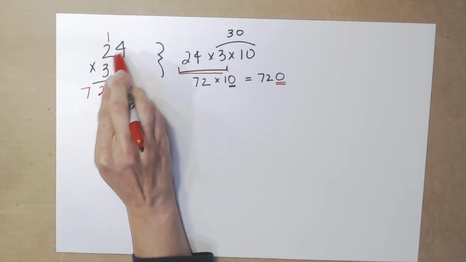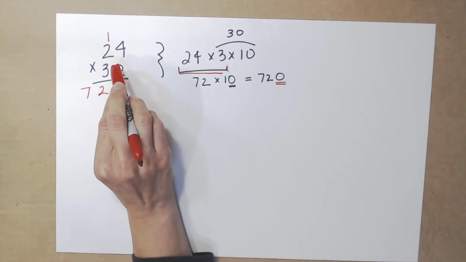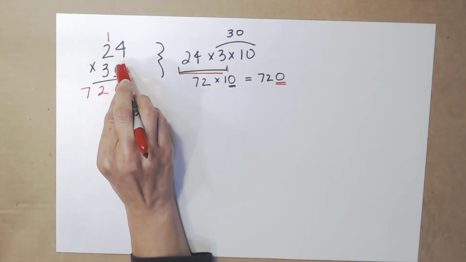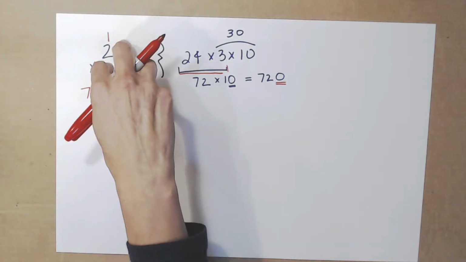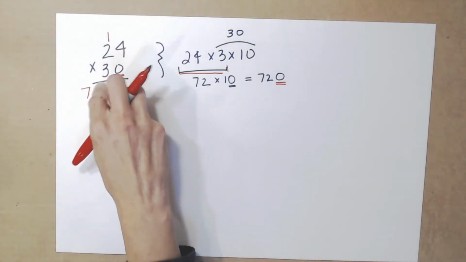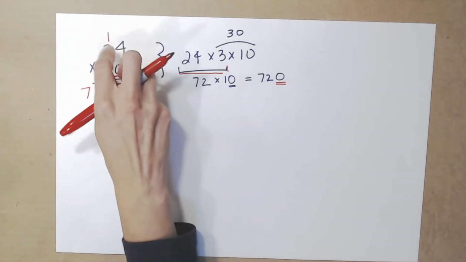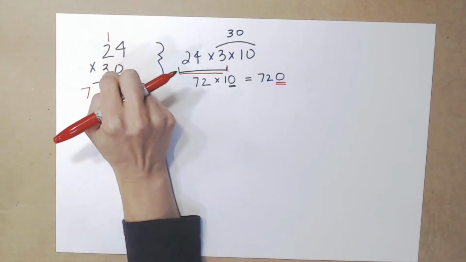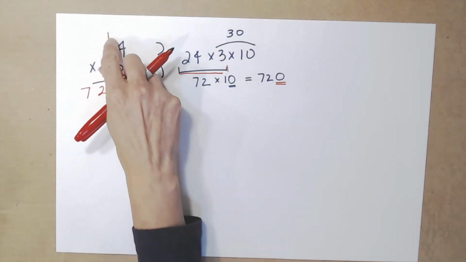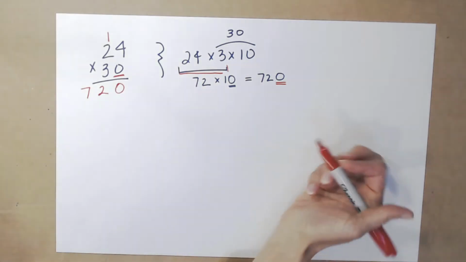And then we're doing the 24 times 3, and within there we're actually doing the 20 times the 3 and the 4 times the 3. We're doing the 4 times the 3 here, which is 12, and then we're doing the 2 tens times the 3, 6, plus the extra 10, 7, 720.